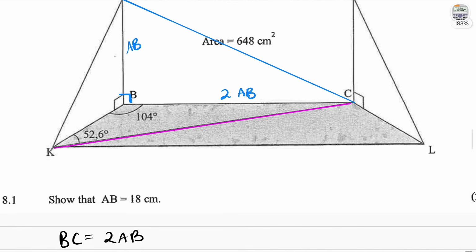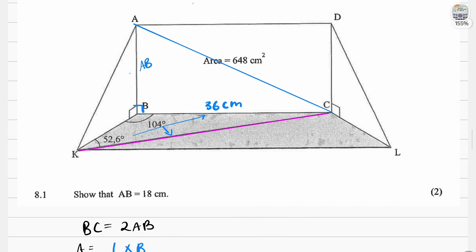If you look at the angle right opposite this side KC, you have 104 degrees. And we also have this side, 2AB, which is actually 36 centimeters. So we can find the length of this using the sine rule. We have the angle opposite it, and we have this angle and the side opposite it. Because you're looking for a length, I'm going to put the length first.